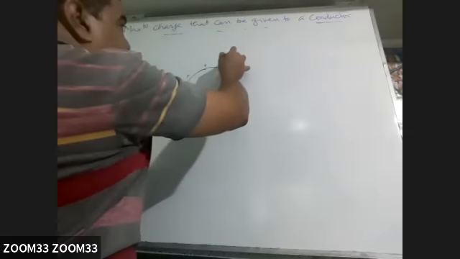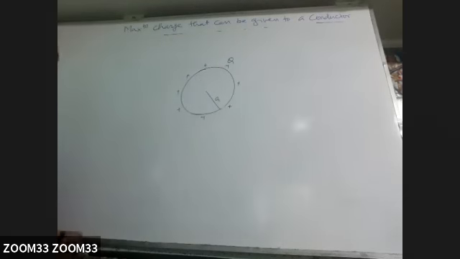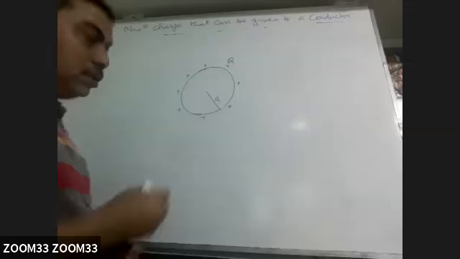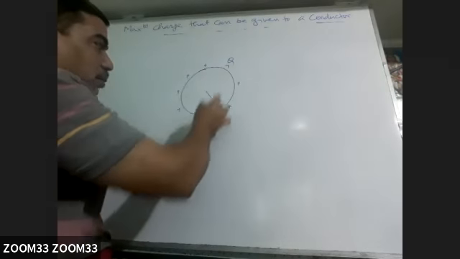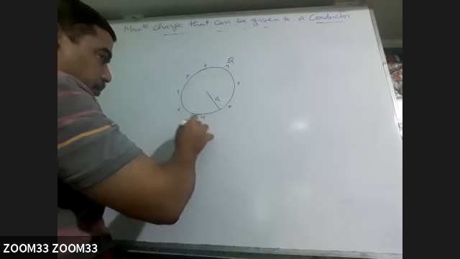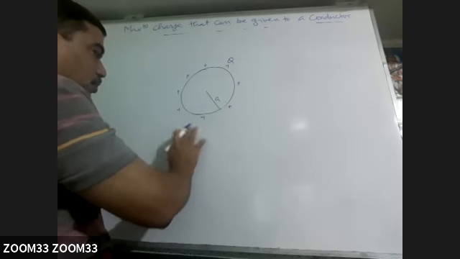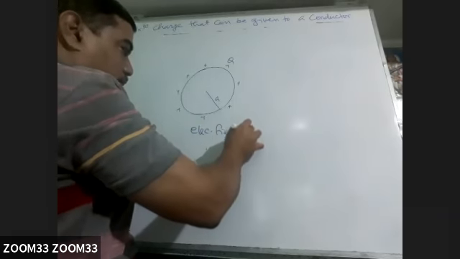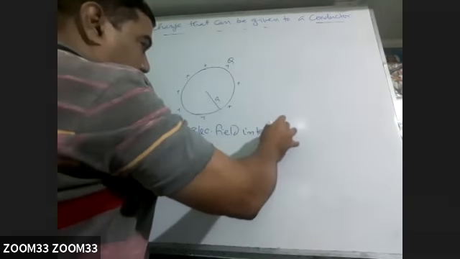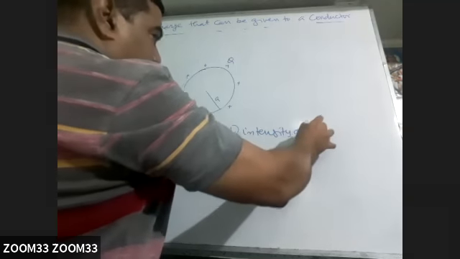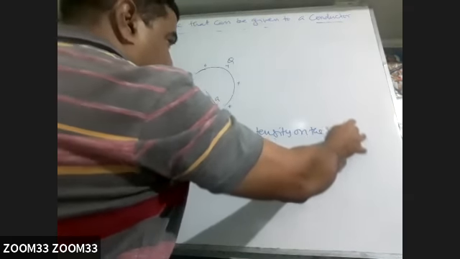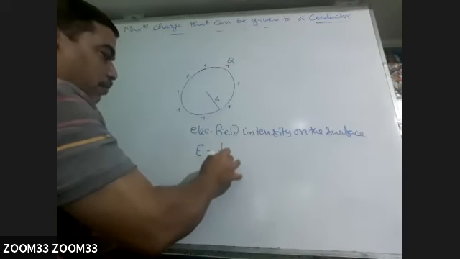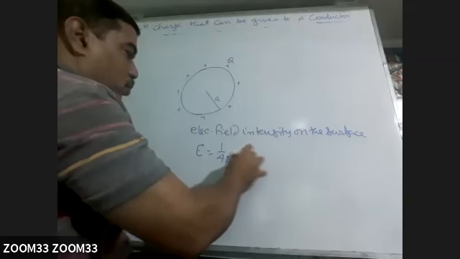When we give charge Q, an electric field intensity will develop. The electric field intensity on the surface will be 1 by 4 pi epsilon naught Q over R square.